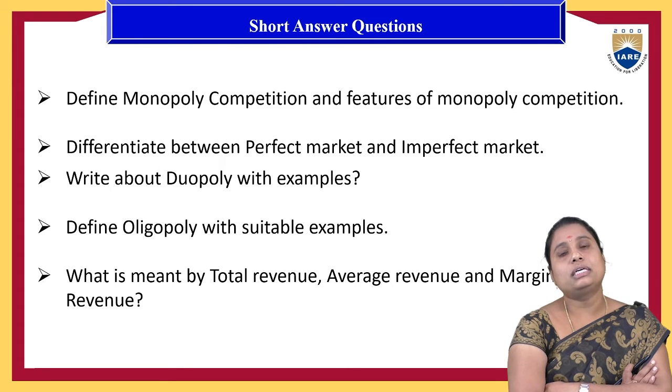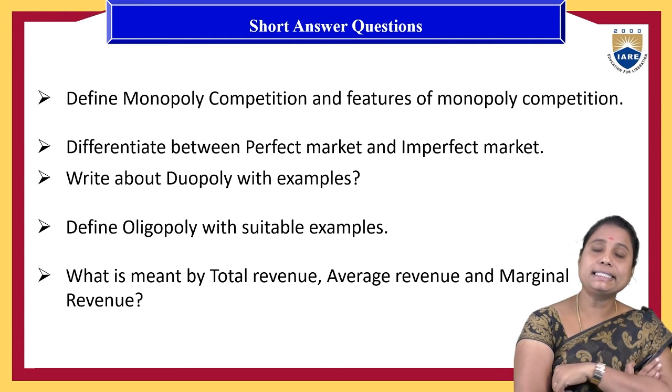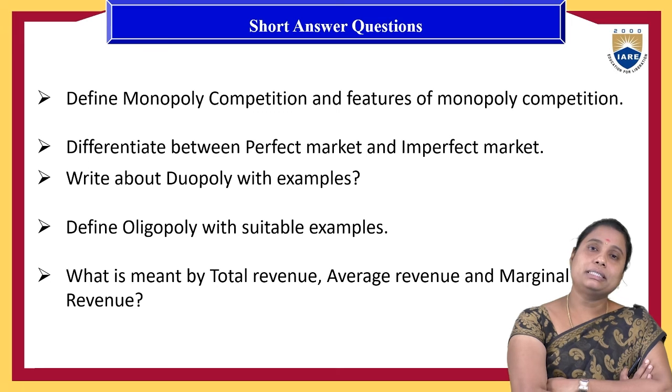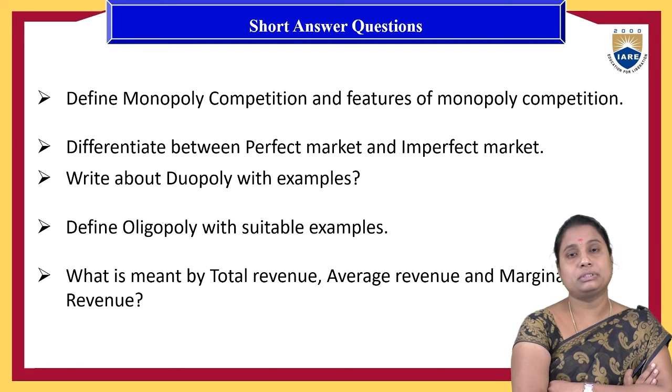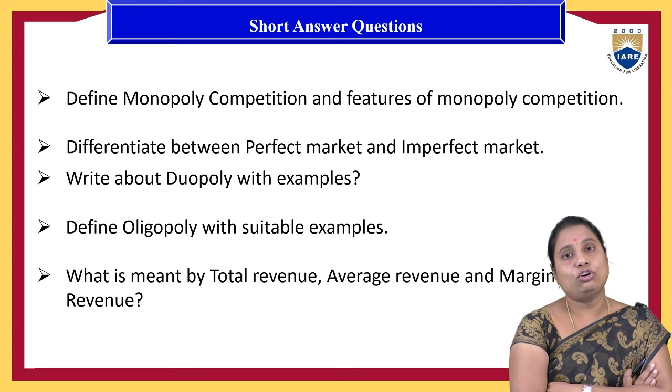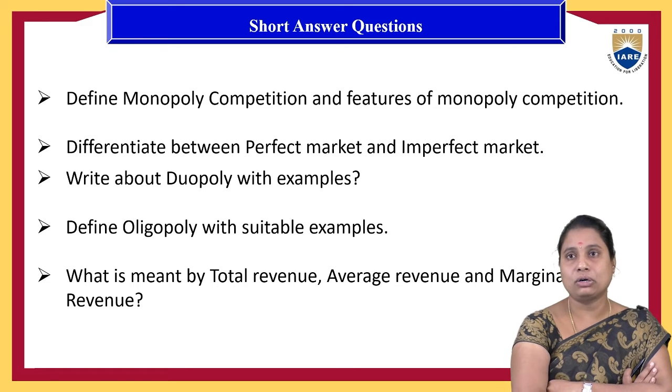Based on the number of sellers and buyers, there are categories. If both the buyers and sellers are in larger or sufficient numbers, then it will be called a perfect competitive market. If there is an imbalance in the number of existing sellers and buyers, then it will be called an imperfect competitive market.